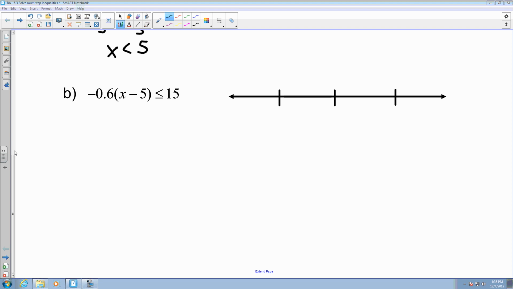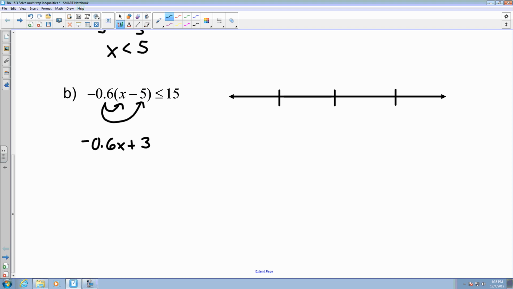So first thing I'm going to do is distribute that negative 0.6 to my x and to my negative 5. So when I distribute, I'm going to multiply, so I get negative 0.6x plus, 0.6 times 5 is 3.